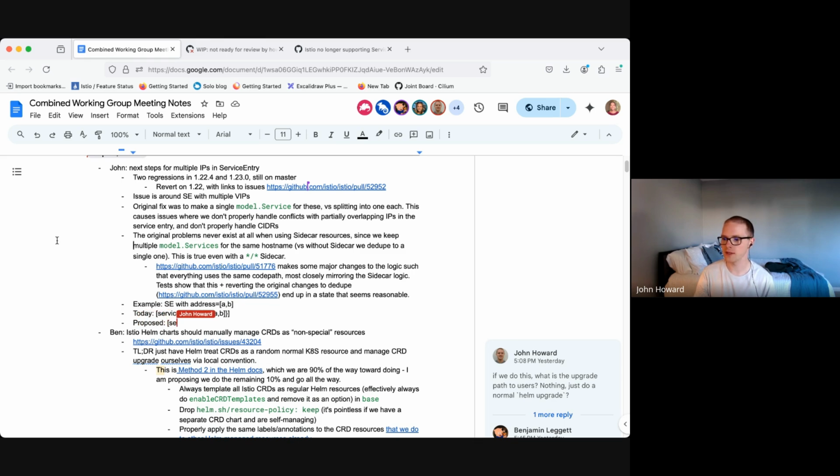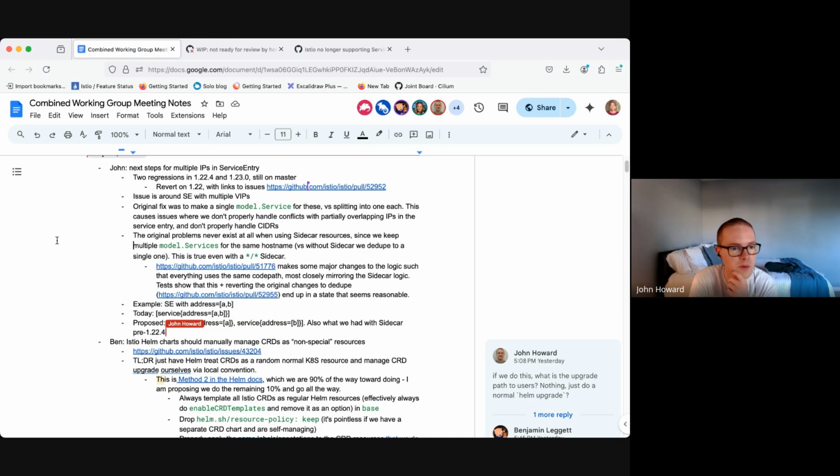What I'm proposing is we would have this basically, and this is also exactly what it looked like if you had a sidecar resource. So there were no issues before you got a sidecar resource. It was only if you didn't have one.